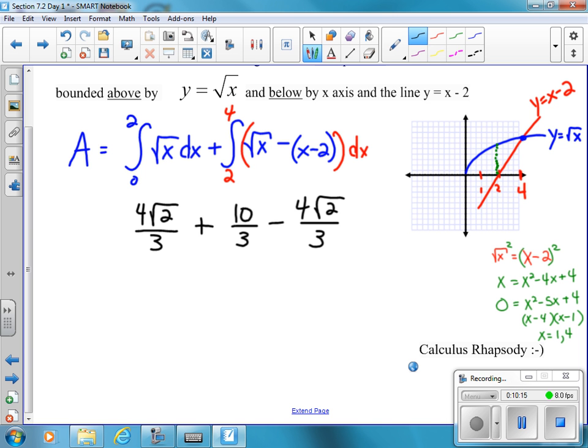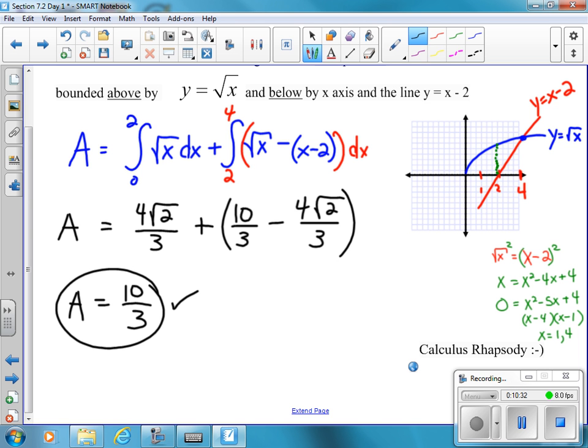So if you add those together, you're just going to get 10/3. This is the antiderivative of the first one, this is the antiderivative of the second one. So you end up with 10/3. You can check my math on that.